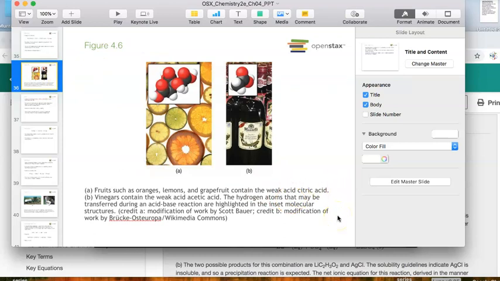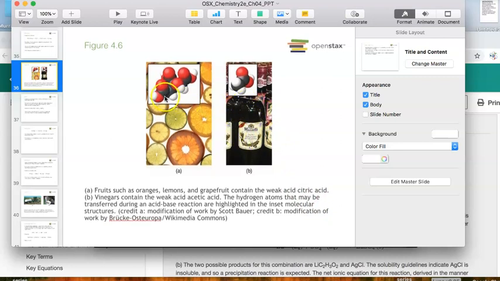So there are a lot of different examples for weak acids and weak bases for that matter. Fruits such as oranges, lemons, and grapefruit contain citric acid. We know that's important for our health and maintaining our bodies. And vinegar contains acetic acid. The hydrogen ions during an acid-base reaction are highlighted in the inset molecular structure.